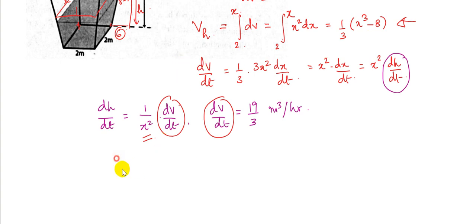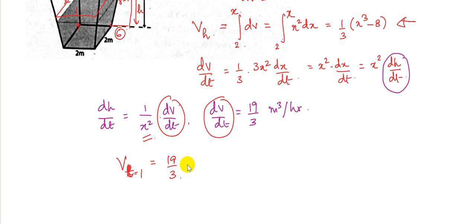The volume after 1 hour will be equal to 19 by 3 meter cube, because the rate of filling is 19 by 3 meter cube per hour.